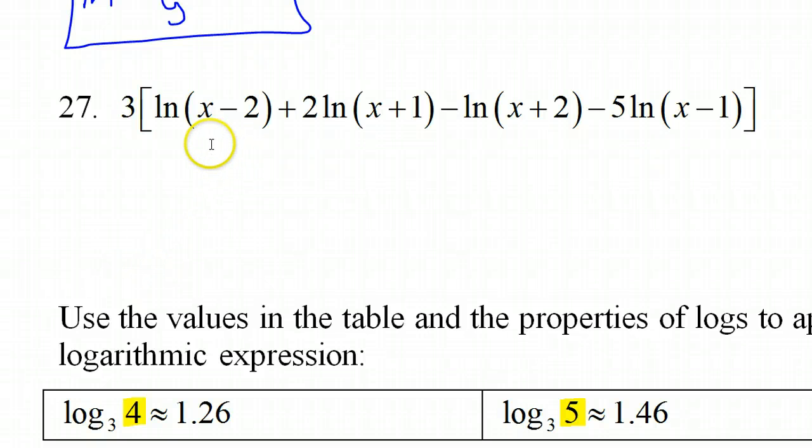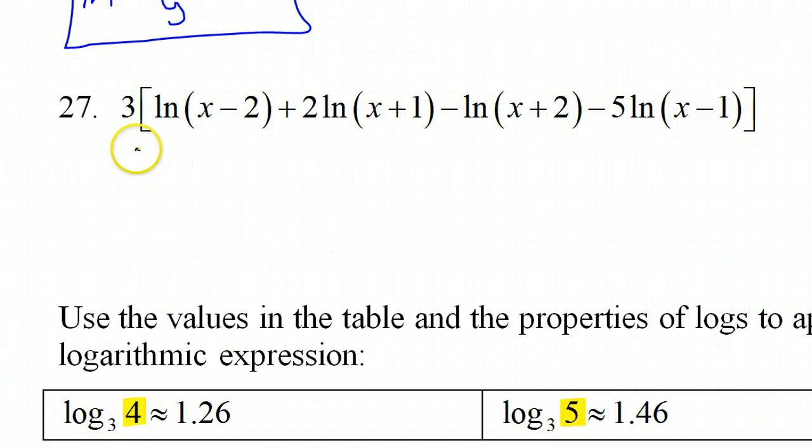Alright, this may be another weird edit because I skipped this problem originally and I had to go back and do it. So I apologize for any weird edits that had happened. I'm going to go ahead and do the distributive property with this 3 across everything.